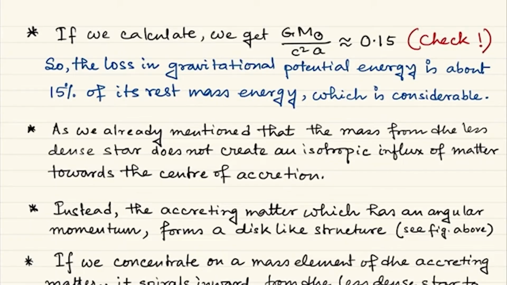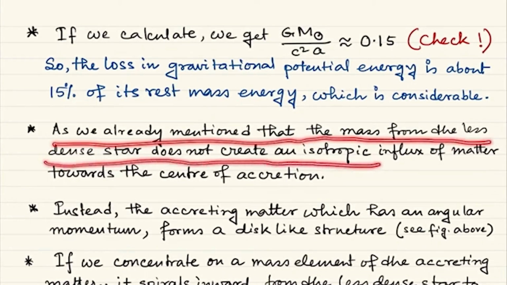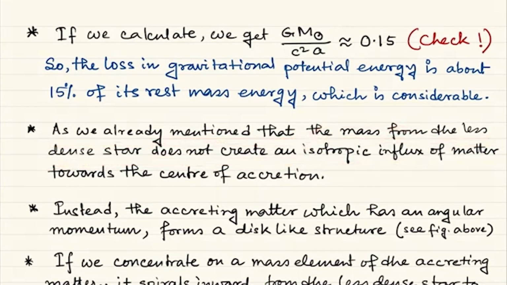Okay, and then I'm coming to this, but before that, as we already mentioned, the mass from the less dense star does not create an influx in an isotropic way, that means like a spherical accretion.